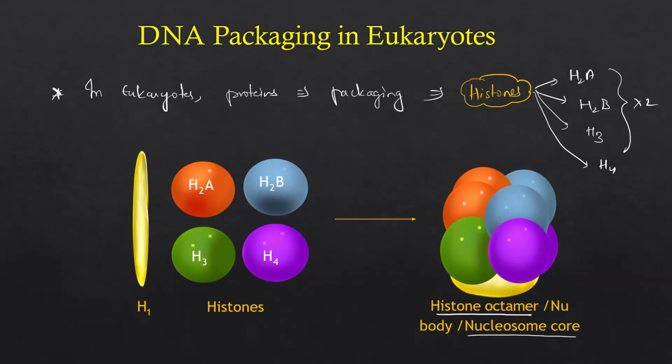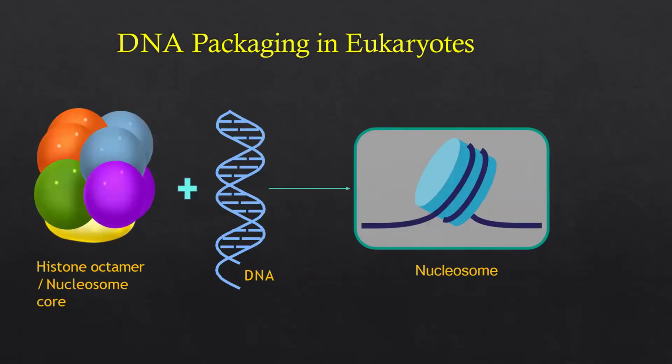What is a histone octamer, or nucleosome core? There are a total of 8 histone proteins, plus 1. The 8 are H2A twice, H2B twice, H3 twice, and H4 twice. So in total they make 8. Now this histone octamer is wrapped by the DNA, almost 1.7 turns.